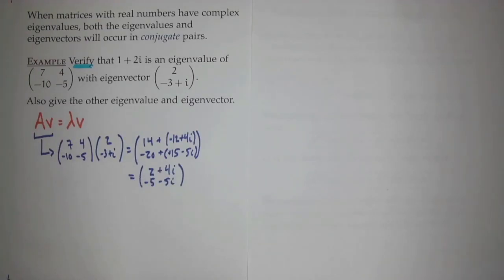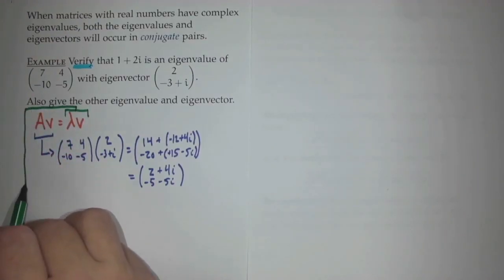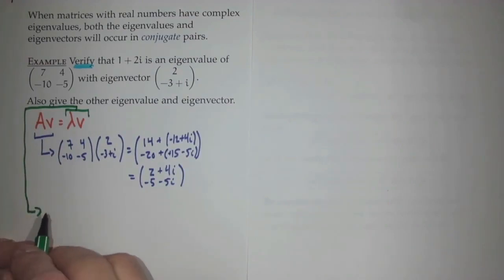But complex numbers can be a little bit complex in that way. And that's okay, because we don't actually have to think about pulling something out. We know what A times v is. The next thing is, what's lambda times v? So let's do that computation.